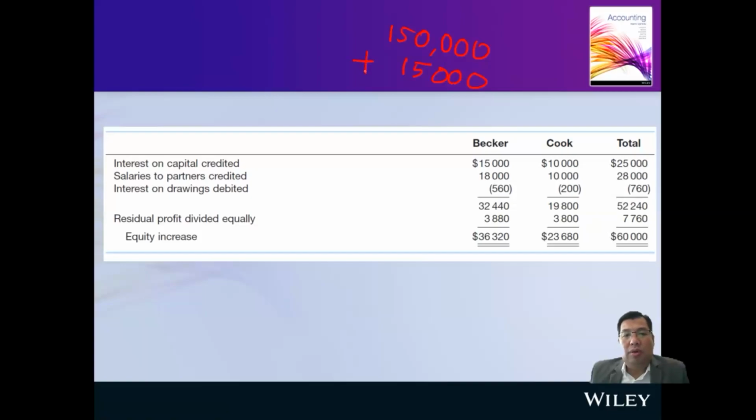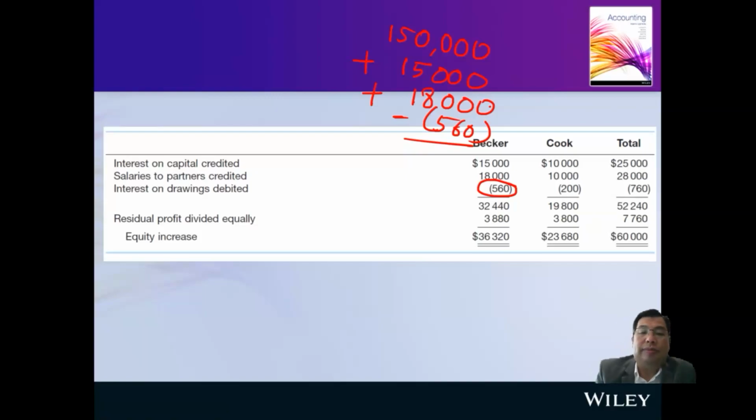So your capital grows, and then you also get salary. So your capital also grows by 18,000. And now when you draw money from the business, not only do you take out the money, but we're going to charge you 560. So this is the amount you're going to minus. Interest on drawing reduces your capital balance or your retained earnings balance.